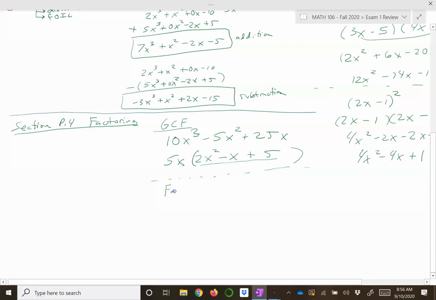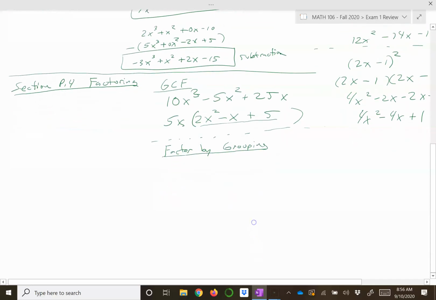So factor by grouping. Okay. And there's definitely a lot of practice back here. So let's find a good one. How about this one?